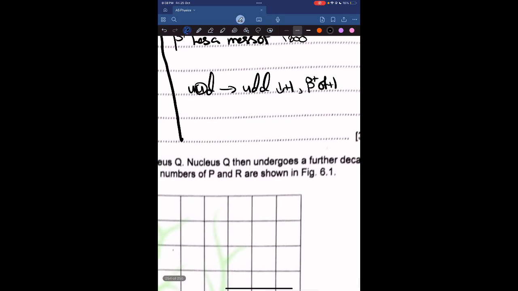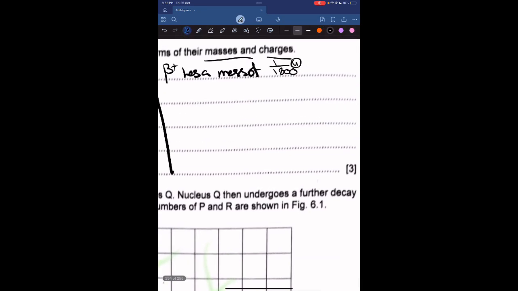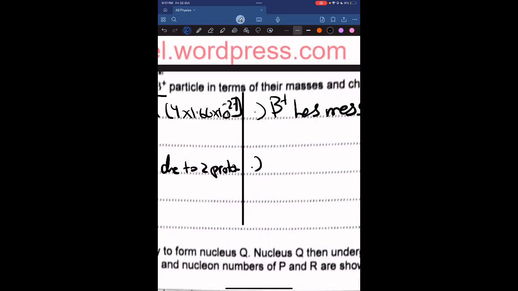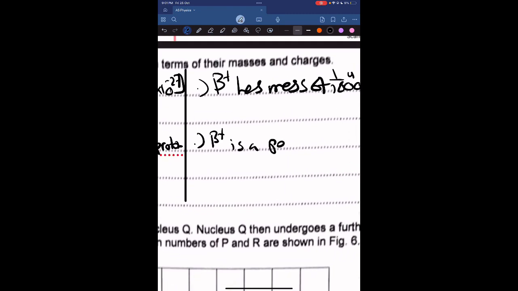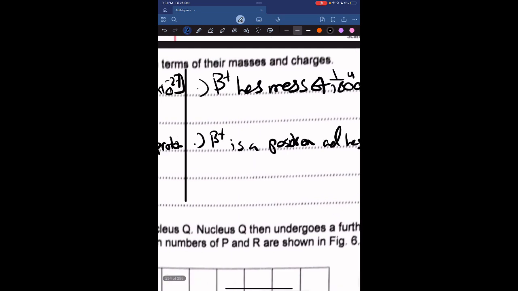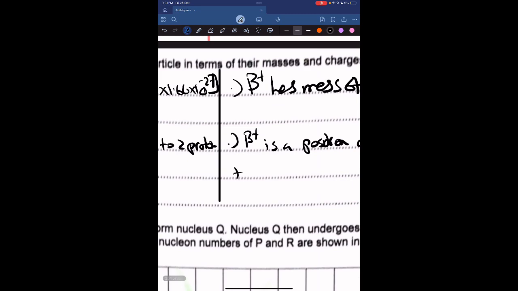So you would say that beta positive has a charge of +1. This beta plus particle is a positron, which is just the opposite of an electron, with a charge of +1.